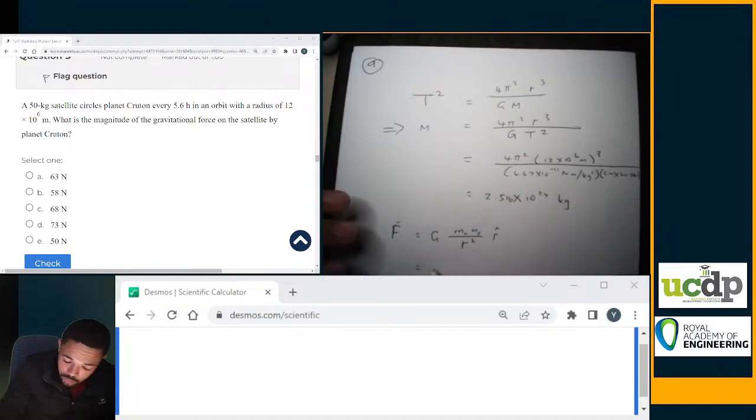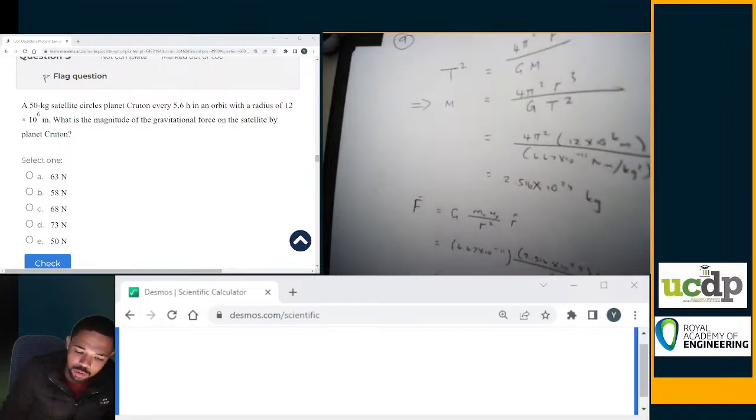So the gravitational constant is 6.67 times 10 to the negative 11 multiplied by the mass of planet Crouton, 2.516 times 10 to the 24, times the mass of the satellite, which is 50 kilograms. The distance between them is still just 12 times 10 to the 6 meters, and that should be squared.